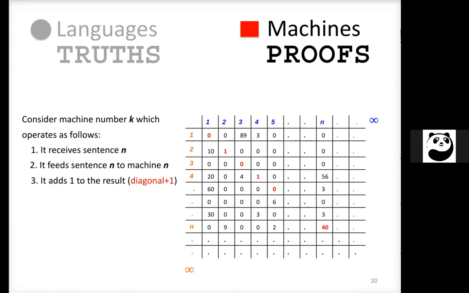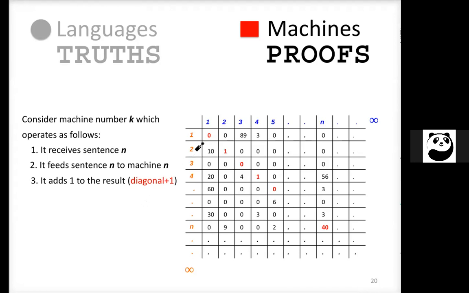Every machine, when the input given to it is its own number, may very well just do some nonsensical stuff and then print something. Whatever that thing is, we're just going to mutate it. We're going to add one to it.